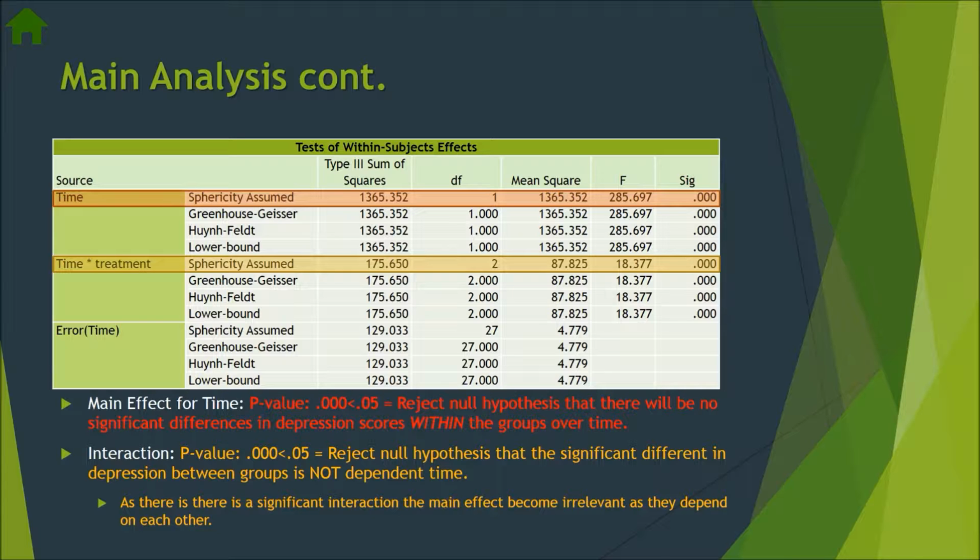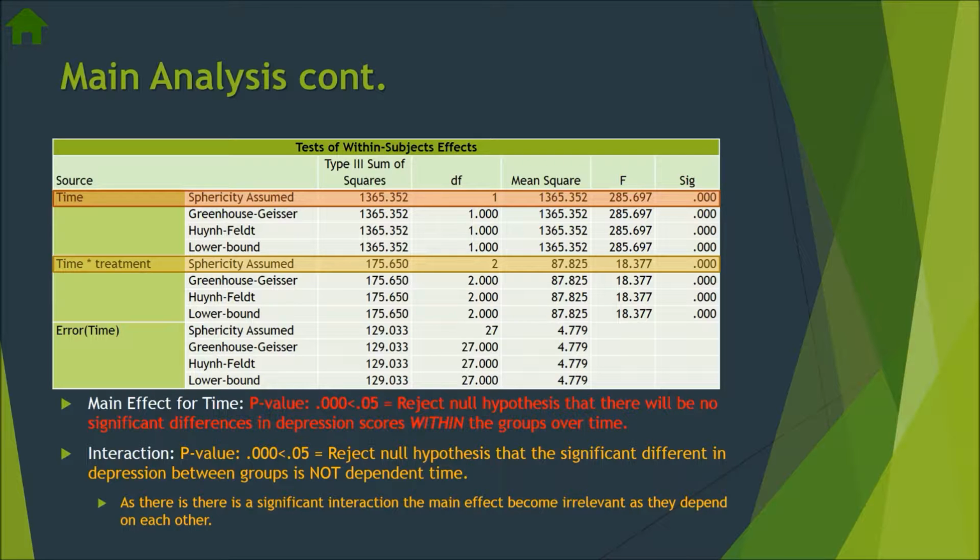So from this, we can say that there is a significant difference within groups over time, but we just don't know where they lie. And now in the orange box, that's testing for an interaction, we can also see that there is a significant difference, therefore we reject the null hypothesis. Because we have an interaction, we ignore the main effects.